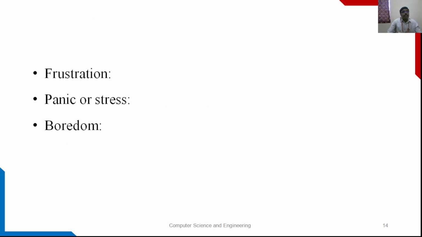First, frustration: any inability to easily convey one's intention to the computer, or inability to finish the task or satisfy a need, can cause frustration. Panic or stress comes from unexpectedly long delays during server times or unusual pressure. Typical causes are unavailable systems or long response times when the user is operating under a deadline.